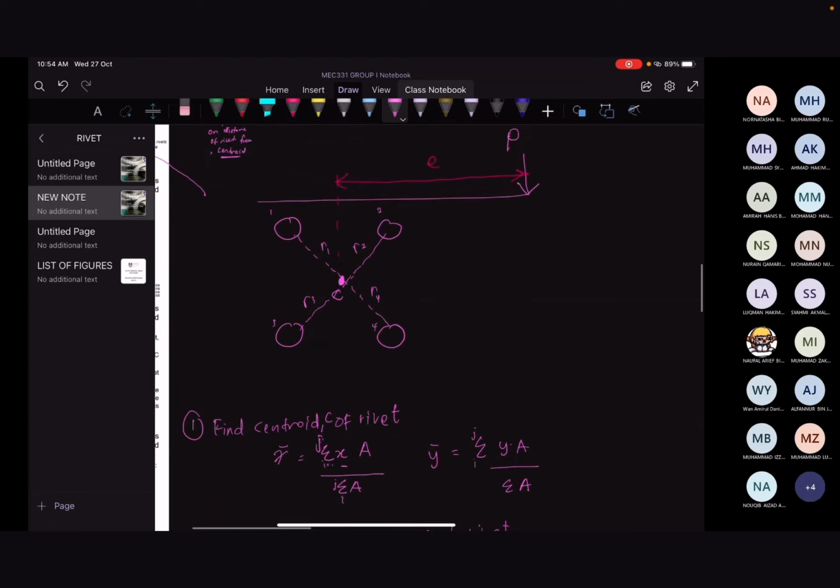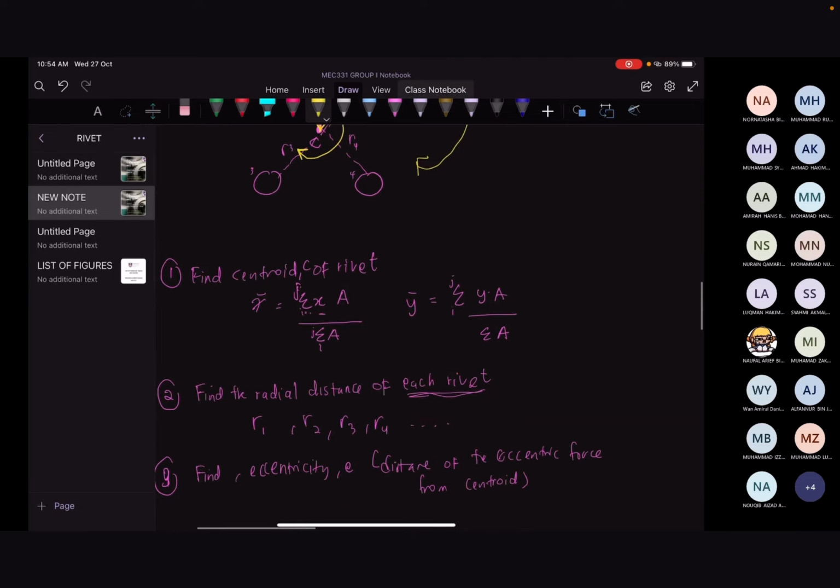P ni still dekat sini, tapi kita boleh anggap yang P ni duduk dekat sini. Dan dalam masa yang sama, sebab tadi dia ada moment, so kita dah consider dua-dua P dengan moment ni, so kita letaklah dekat dia punya centroid ni. This one is moment, which is P times E. Okay.